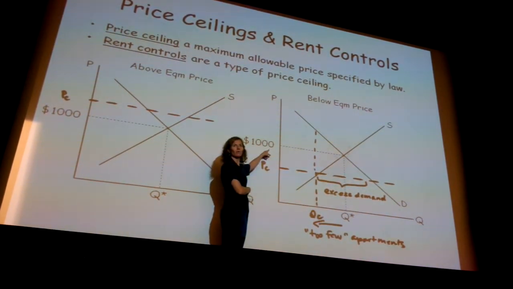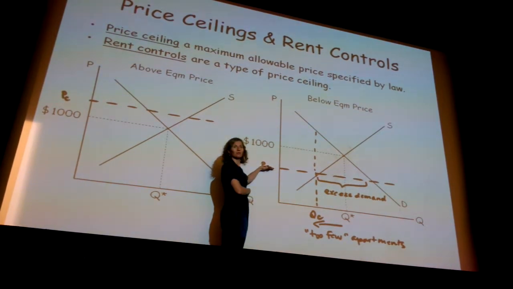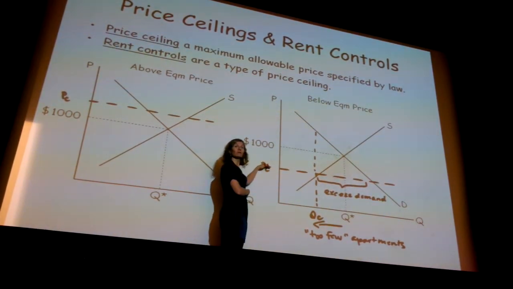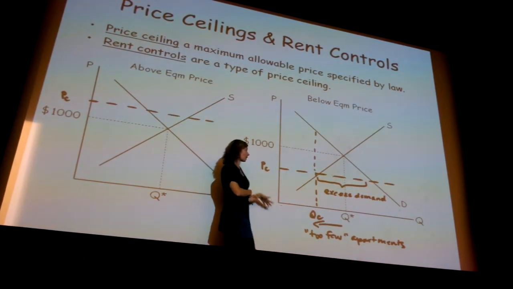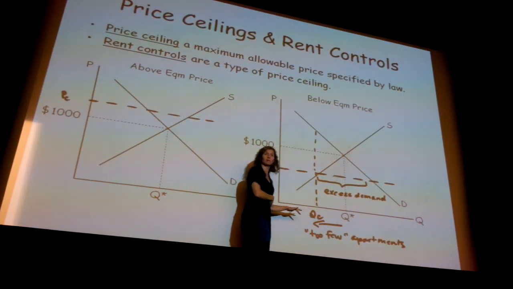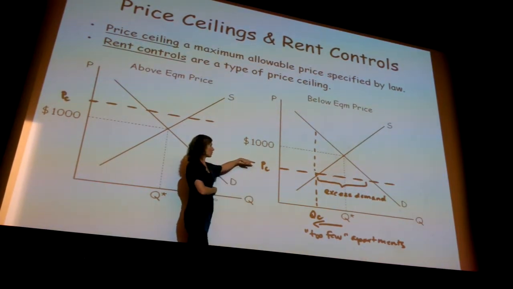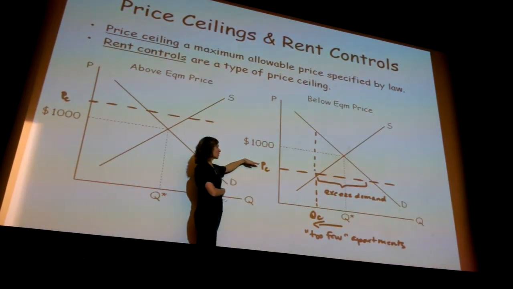Okay, we want to have affordable housing, so let's drive the price down. So I think there can be a lot of political pressure, and I think those people may not fully understand all of these negative implications of imposing these sorts of rent controls.